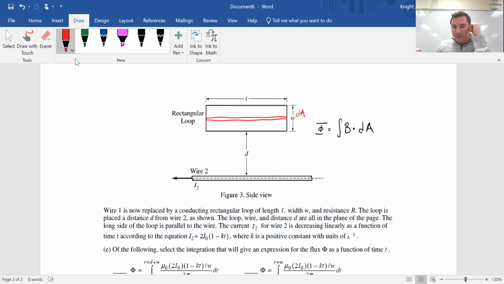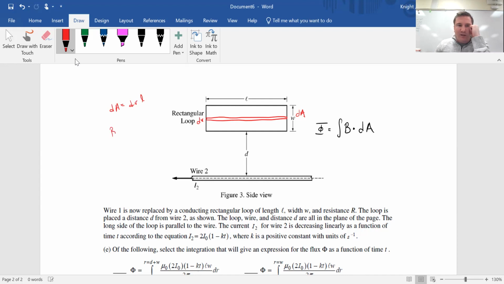Where dA is equal to this little distance, which I'm going to call dr because we're talking about radiuses away. The magnetic field equation is based on d, which is essentially a radius away from our wire. So I'm going to call these little drs that has a width L. So we can actually say that dA is equal to dr, length or width, times L. And you should probably switch those, but whatever. So we have a way to replace dA.